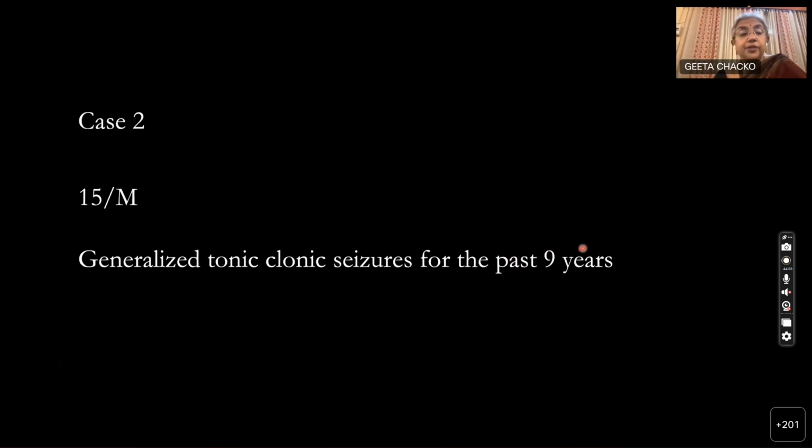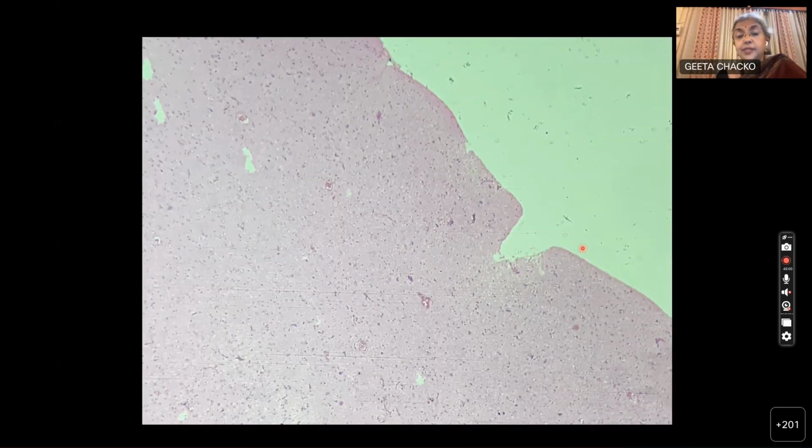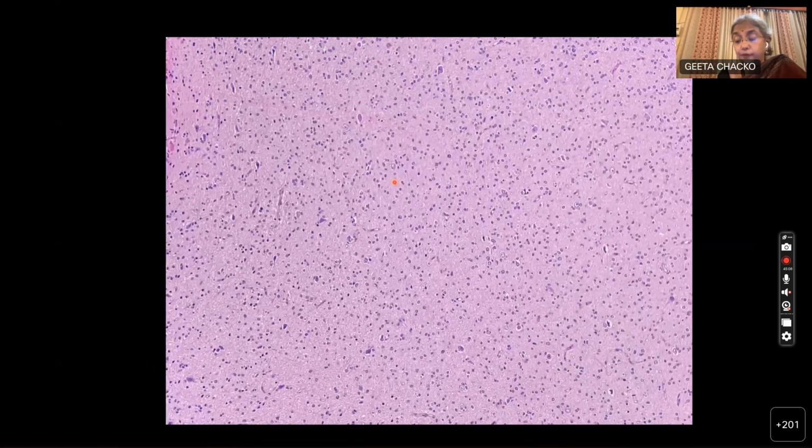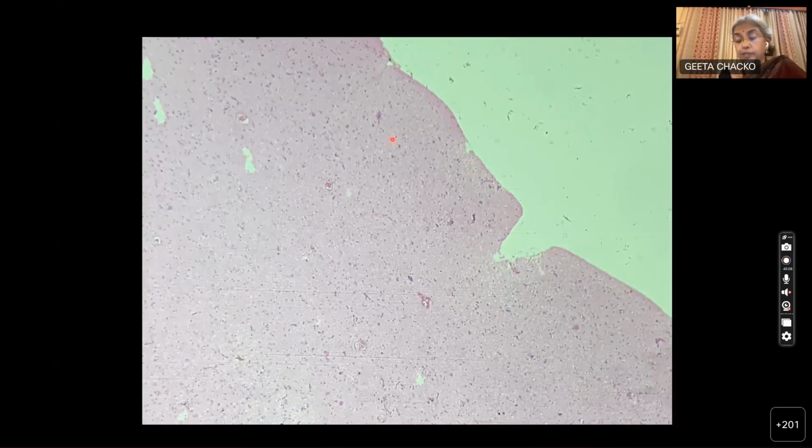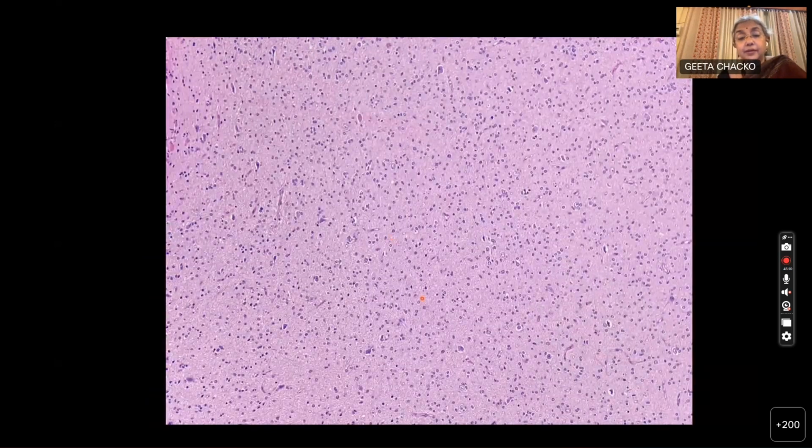9-year history of seizures. And these are some more images to show you the surface of the brain and just a mild increase in cellularity. It's diffuse. It's going into the cortex. Here, a little bit more moderate cellularity.